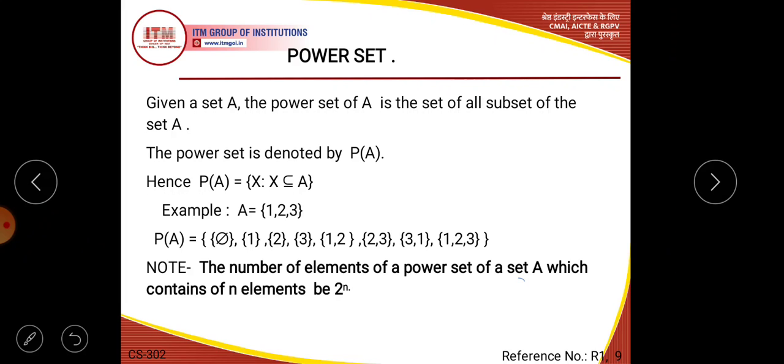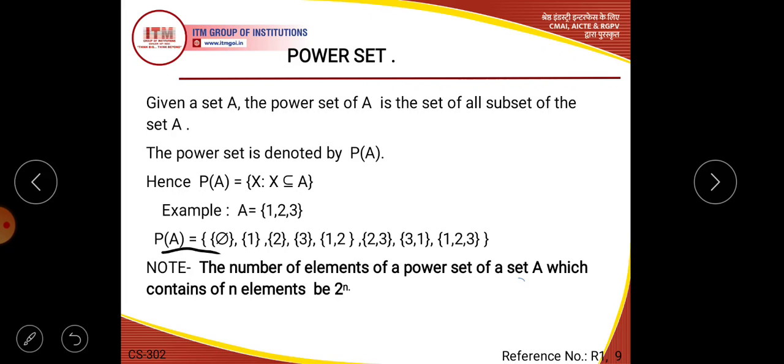After that we take combinations: {1, 2} is also a subset of A, {2, 3} is also a subset of A, {3, 1} is also a subset of A. And at last we take the full set, because we know that every set is a subset of itself. Now this is the collection of all the possible subsets of the set A, and it's denoted by P of A. And we know that the empty set is a subset of every set.